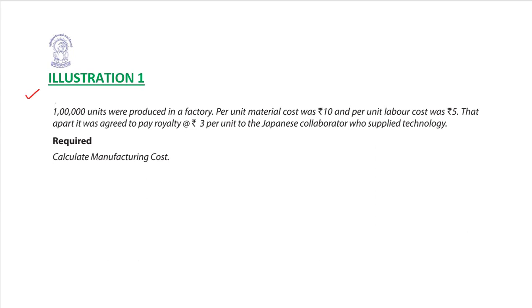Illustration 1. 1 lakh units were produced in a factory. Per unit material cost is rupees 10. Per unit labor cost is rupees 5. It was agreed to pay royalty at the rate of rupees 3 per unit to the Japanese collaborator who supplied technology required.